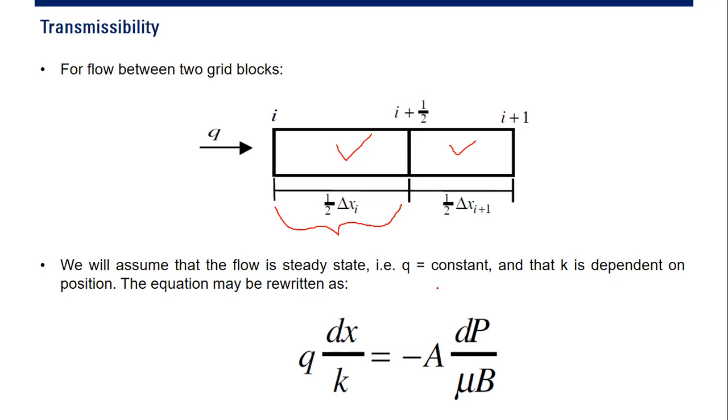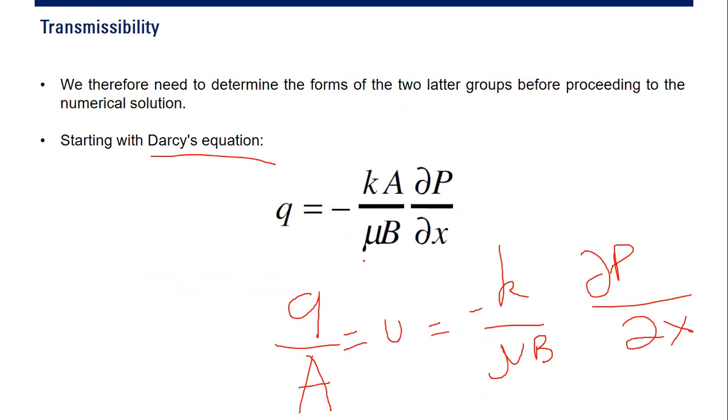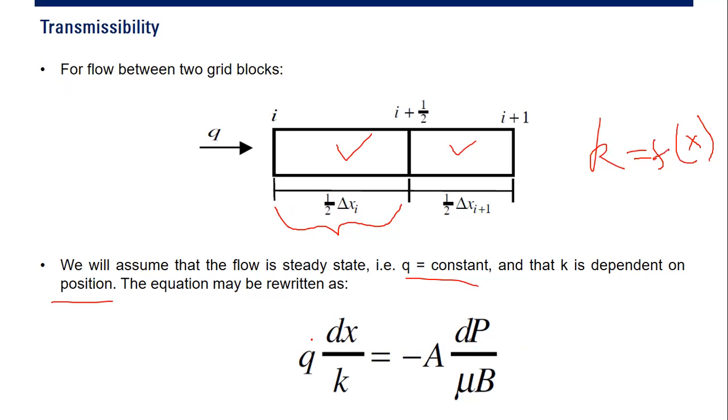If the flow is steady state, then Q is constant and K is dependent on the position, because K is a function of position X. The equation may be rewritten as Q dx per K equals minus A dp per mu B.